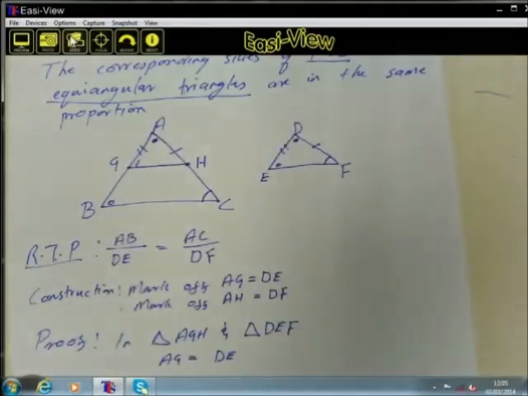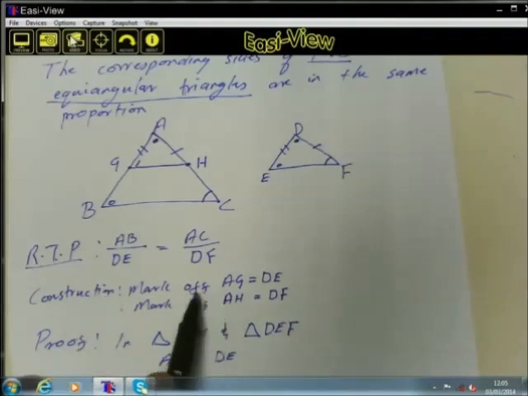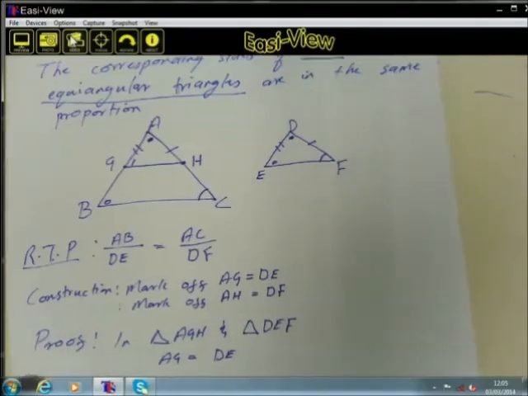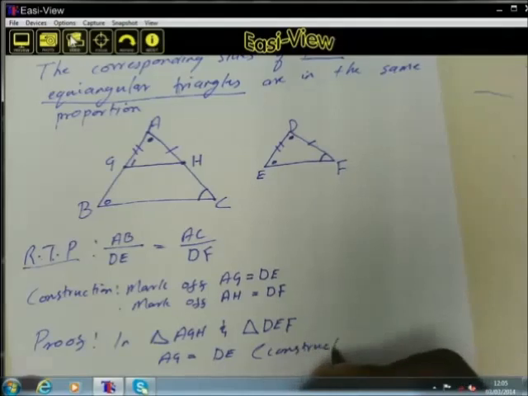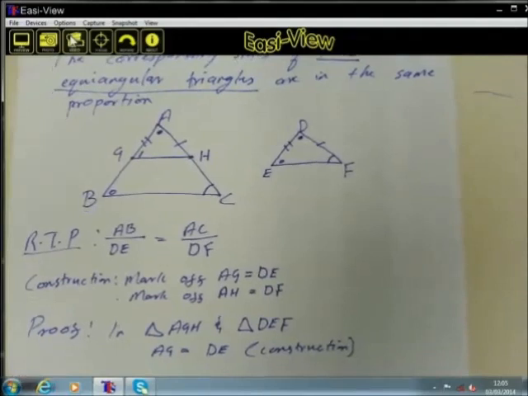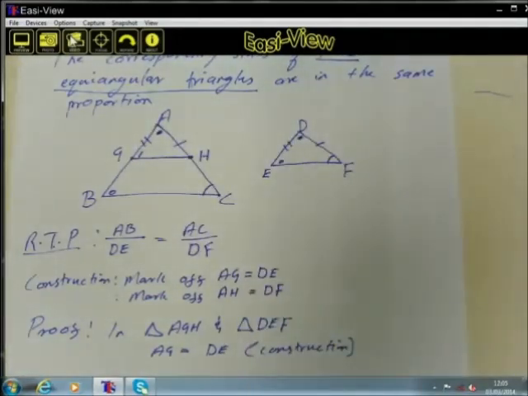It's because that is according to our construction. Remember, in our construction, we said we should mark AG to be equal to DE. It's not the given information. It's due to our construction. Then the reason should be because of the construction. AG is equal to DE because of the construction.